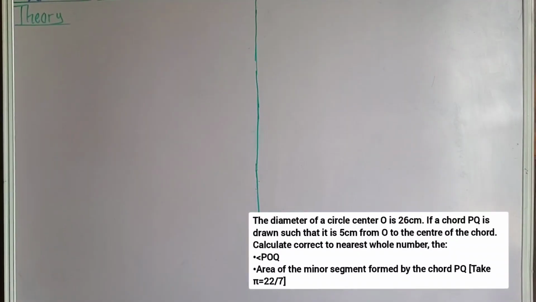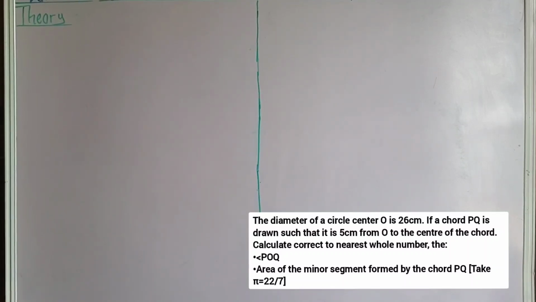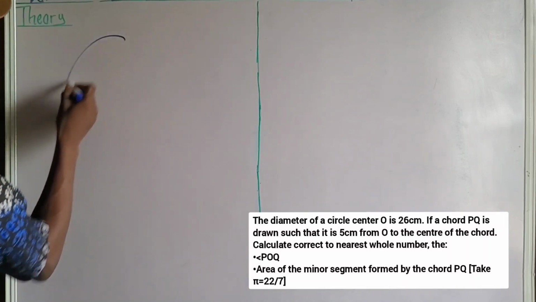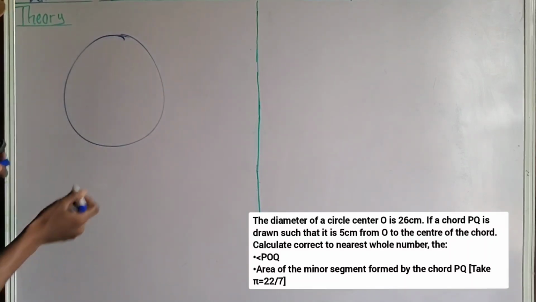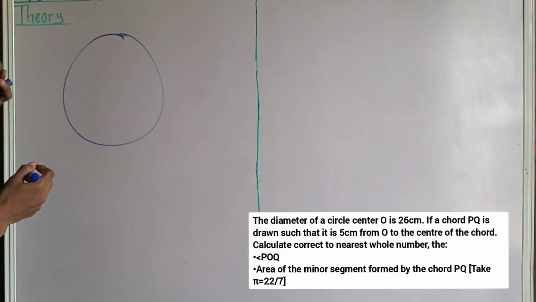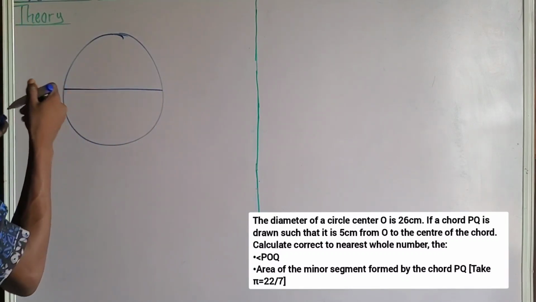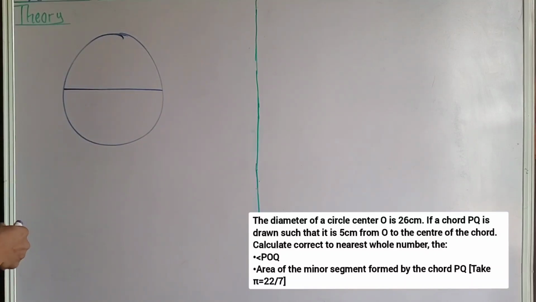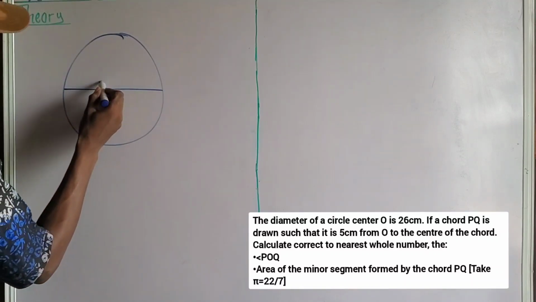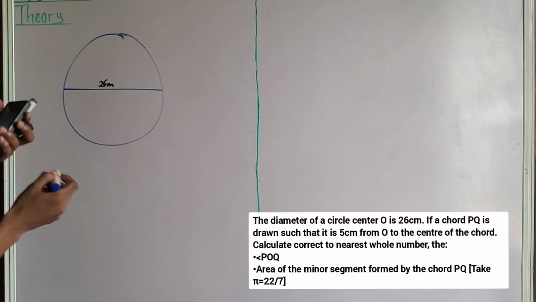We need the diagram here. From the question, we are told that the diameter of a circle center O is 26 meters. Let's draw the circle. Let's say this is the circle. So the diameter here is 26 meters. Please pay attention, okay?